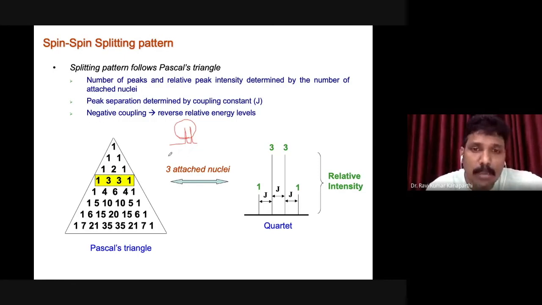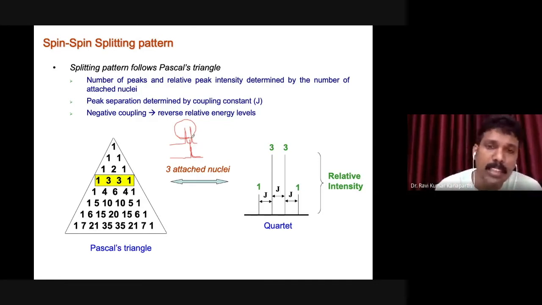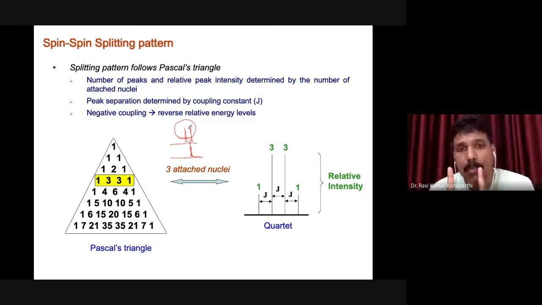In the normal situation, if there is no spin-spin coupling, this is what you see, a very intense peak. But if both nuclei are magnetically active and interacting with each other, then we see a split doublet, and the intensity ratio will be 1:1.